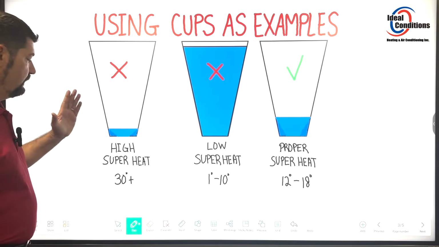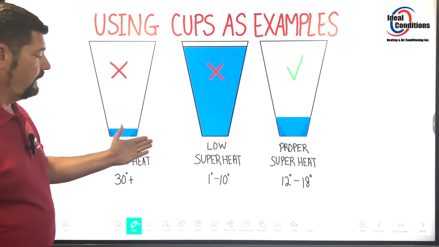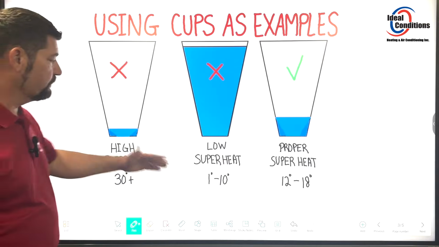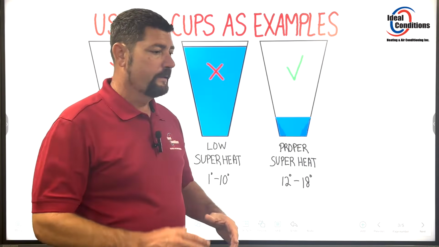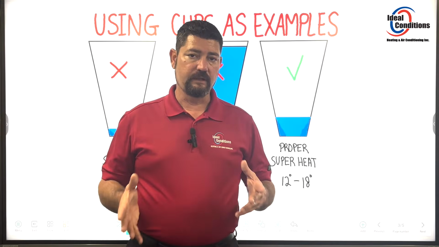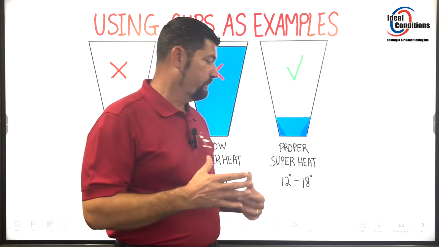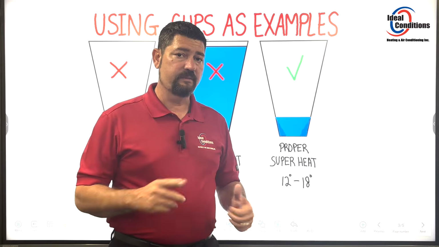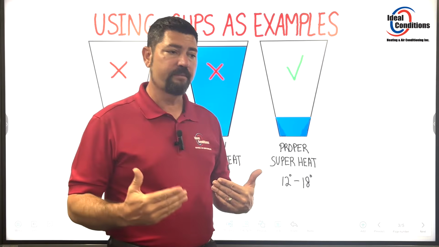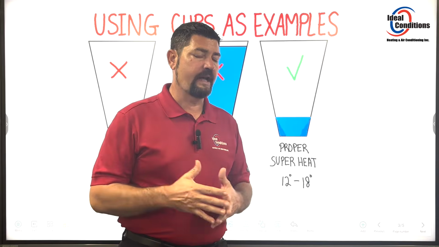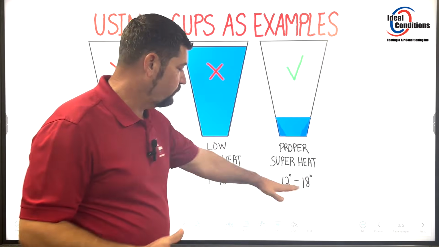We have a high superheat, a low superheat, and the proper superheat. I did put some numbers here, and just to let you know, always go back to your manufacturer's suggested superheat value. But if that's not there, there has to be a rule of thumb, some understanding of what's too much and what's not enough without having to look things up. That's what I put here.